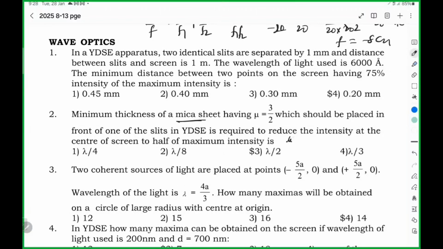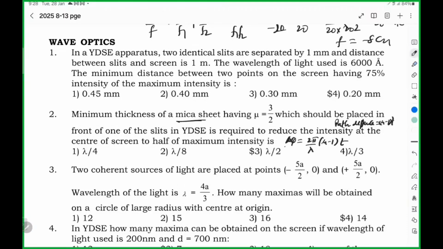What will be the phase angle? 2 pi by lambda into (mu minus 1) into t. So here the path difference after introducing the mica plate becomes (mu minus 1) into t. The phase difference is this much.